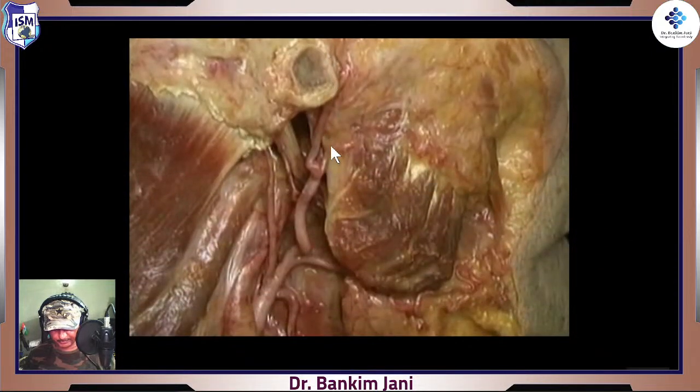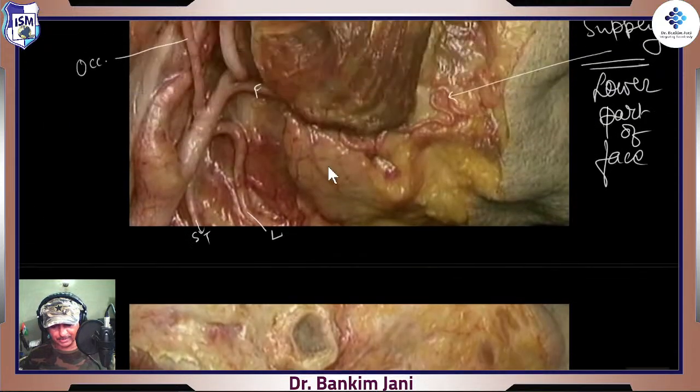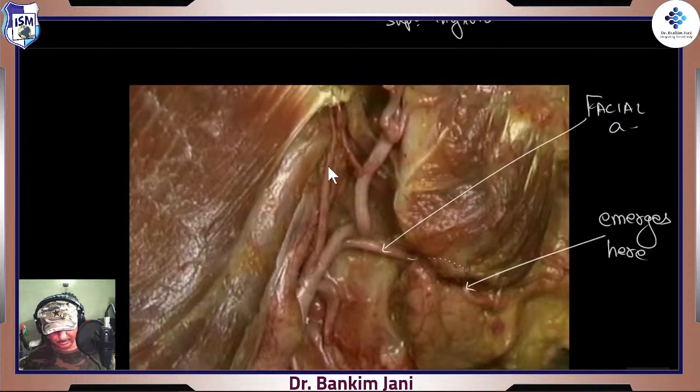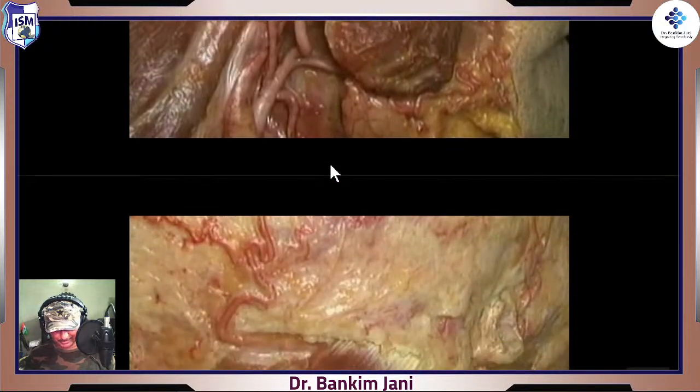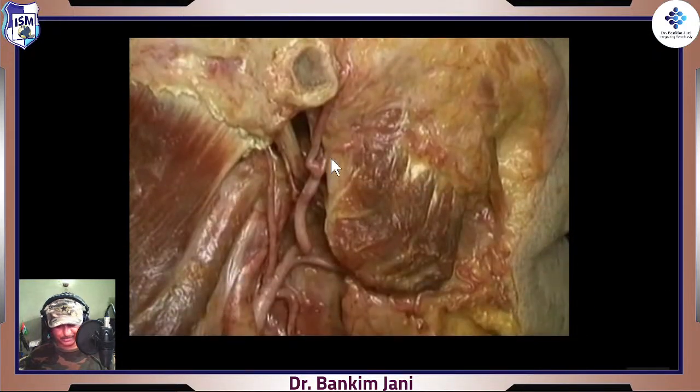Let's move further. Now this is facial, this one is lingual. All the branches, use it for practice. Okay, chalo. This one is occipital.